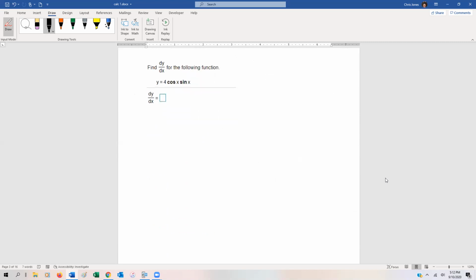An example where we have to go through and perhaps use an old rule is y equals 4 cos x sine x. And this is where we're going to have to use the product rule. Now remember, our product rule is that the derivative of fg is equal to f prime g plus f g prime.